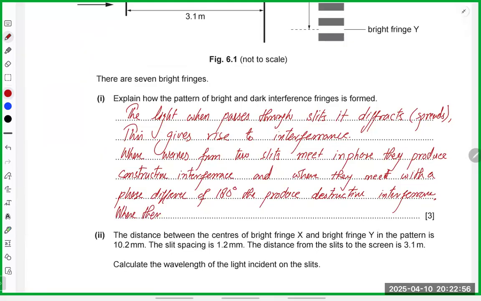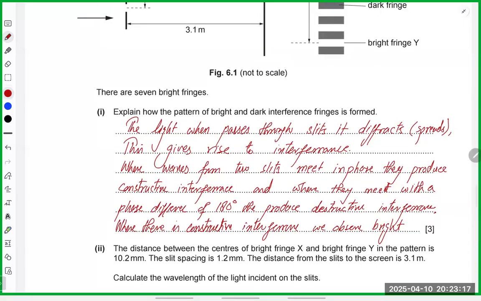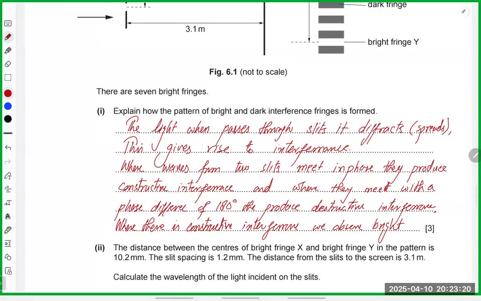Where there is constructive interference, we observe a bright fringe.